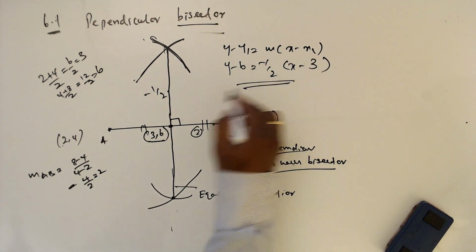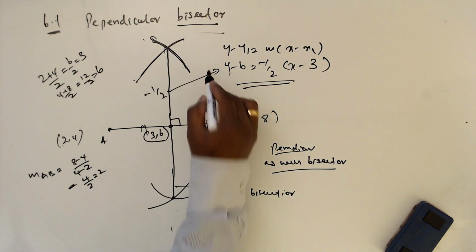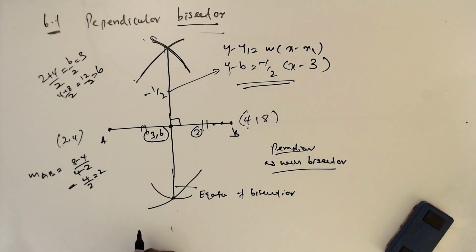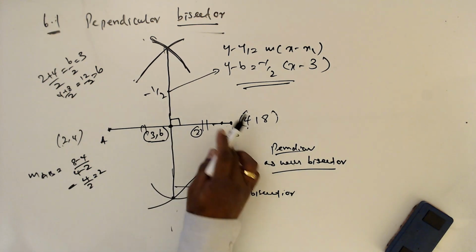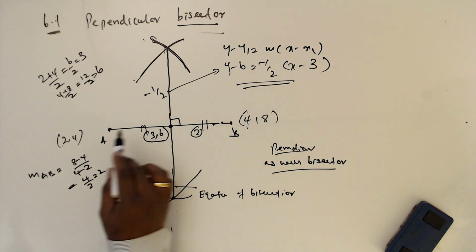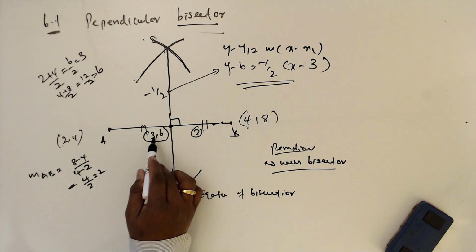So now we know the equation of this one. This is how you usually set up those kinds of sums. Finally, this point is the midpoint of A and B. That's why it becomes 3, 6.